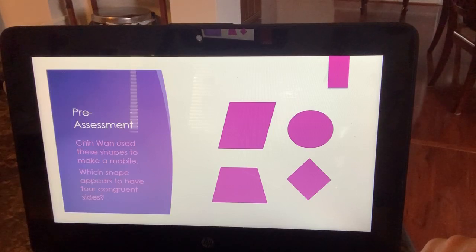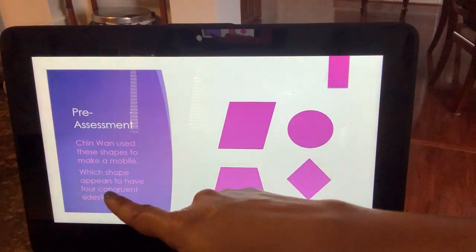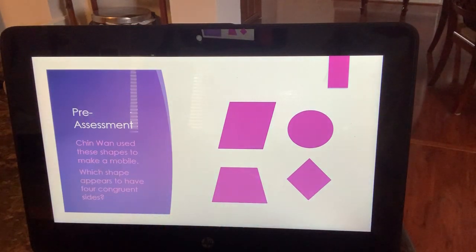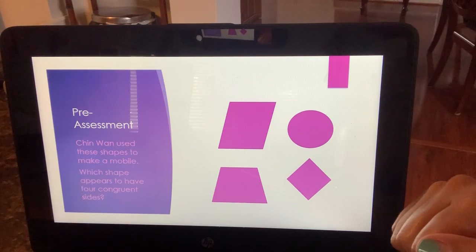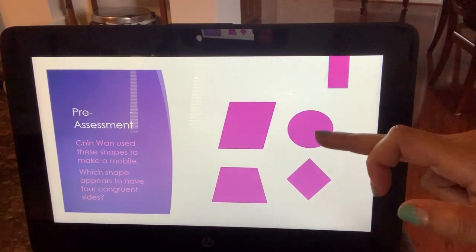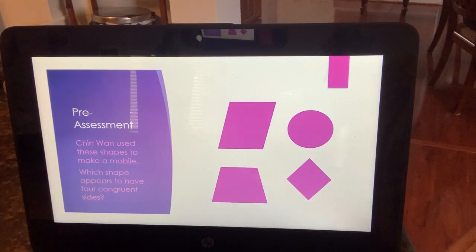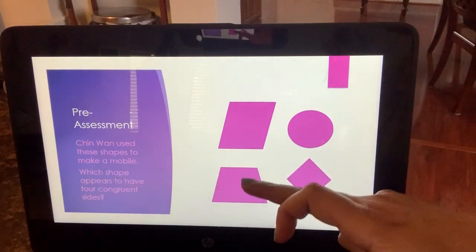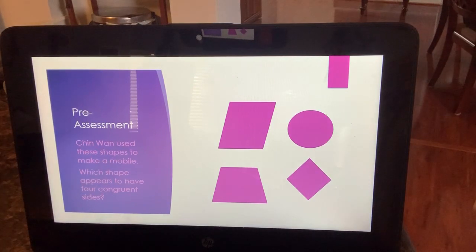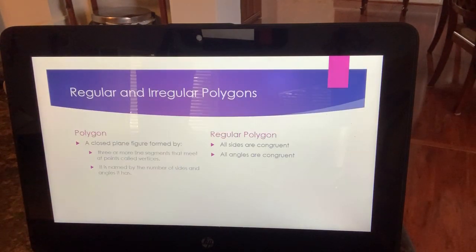Which shape appears to have 4 congruent sides? Now I'm using a word for the question that you don't know what it means, congruent. And I want you to tell me, because some of you do know, which of these shapes have congruent sides? If you don't know, it's okay. I'm going to ask you again at the end once I tell you what all the words mean. And by then, I hope you understand what it all means.